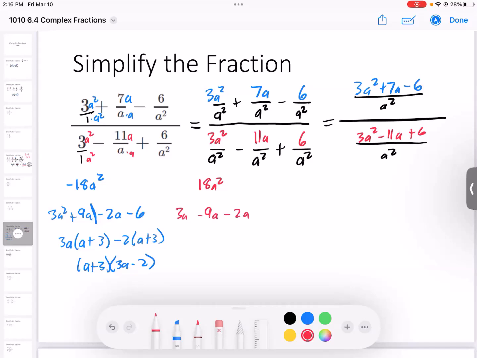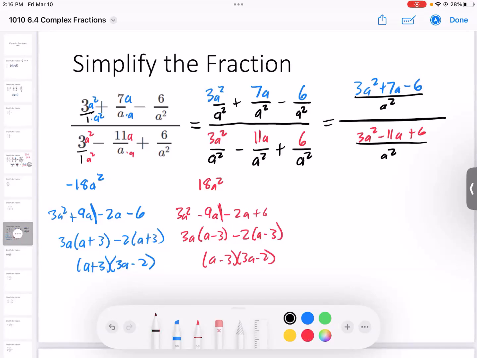So I'm going to get 3a squared minus 9a minus 2a plus 6. Split those into two groups. You get 3a in common, which leaves a minus 3, and negative 2 in common, which also leaves a minus 3. So I have a minus 3 times 3a minus 2. These are the factored versions of these two polynomials.